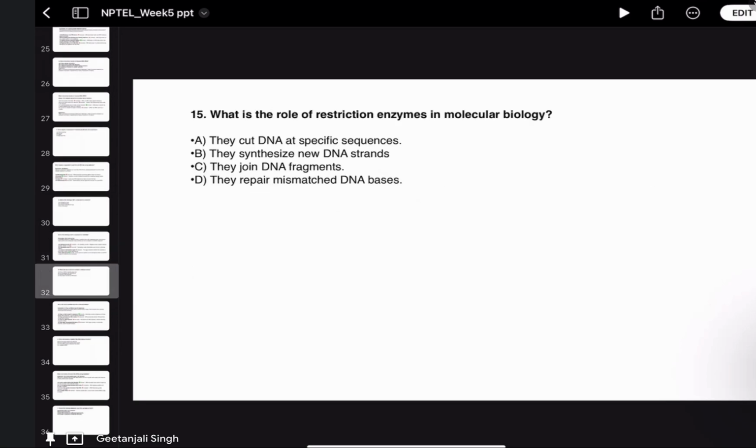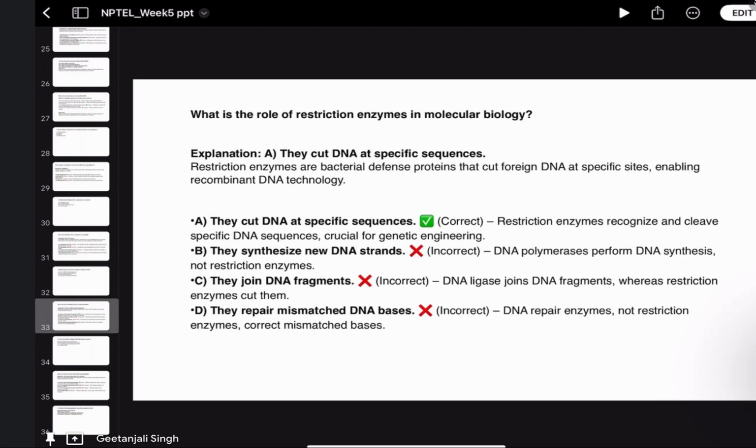What is the role of restriction enzymes in molecular biology? A. They cut DNA at specific sequences. B. They synthesize new DNA strands. C. They join DNA fragments. D. They repair mismatched DNA bases. Yes, that's the correct answer. They are known as molecular scissors as well.